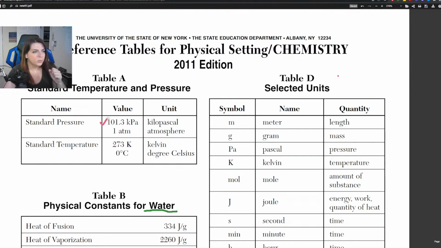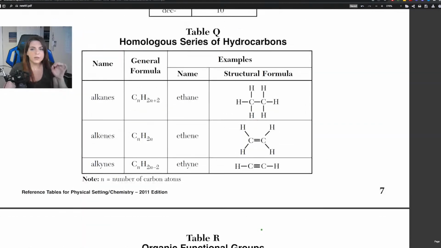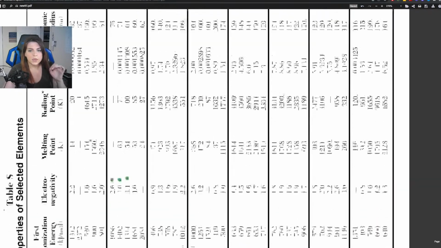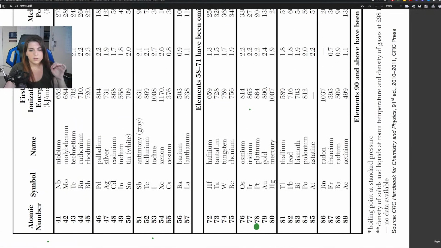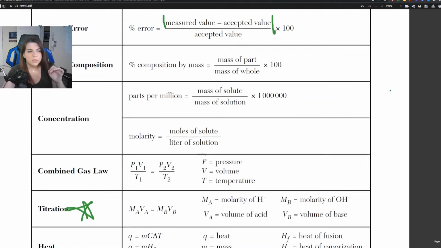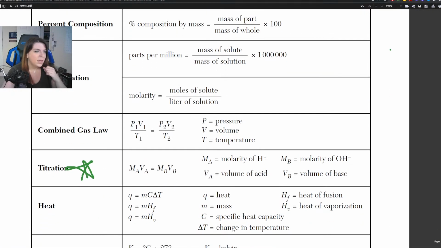We're already at standard pressure, which is fantastic, but standard temperature is 273 Kelvin. And we're showing a correct numerical setup, which means we're doing math, but we're not actually doing the math, we're just setting up the math.